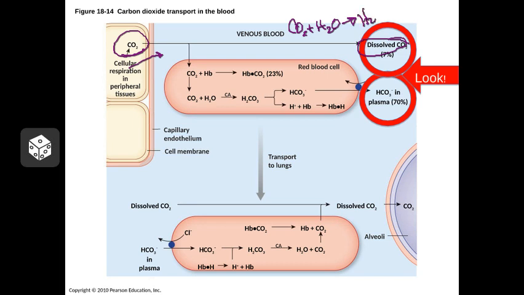Carbonic acid, which can dissociate into a hydrogen ion and a bicarbonate ion. So in the plasma itself, carbon dioxide can contribute bicarbonate ions. But how does it contribute the most? We know that about 70% of all carbon dioxide is transported in the plasma as bicarbonate. Boom. We have our buffer there.